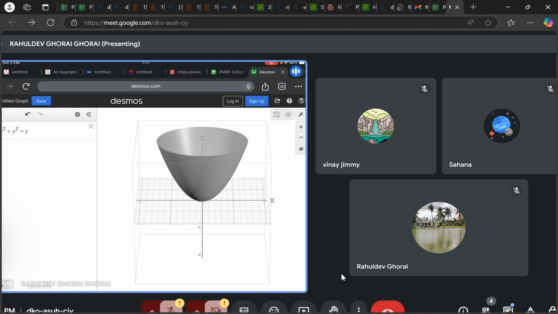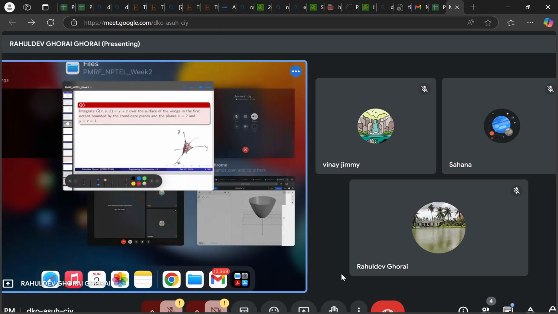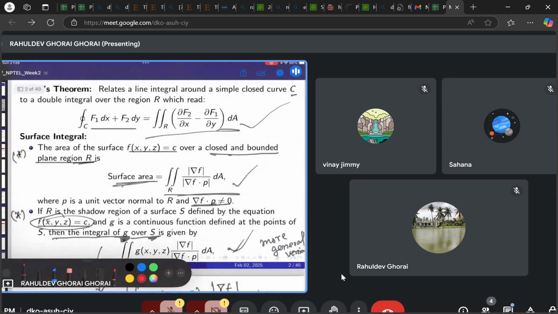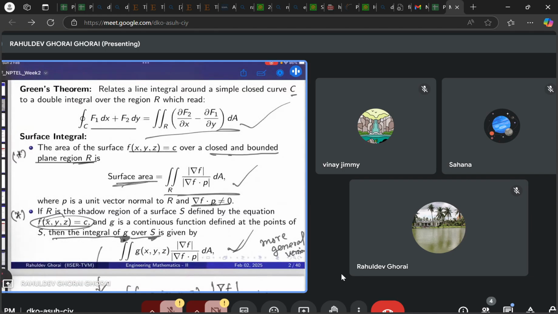This is a domain where you have to find the integral. Then you cannot use that plane formula. So you have to understand that one is over the plane, another is over the surface, but that surface integration also you are transforming to the plane integration. Always you have to transform to the plane.